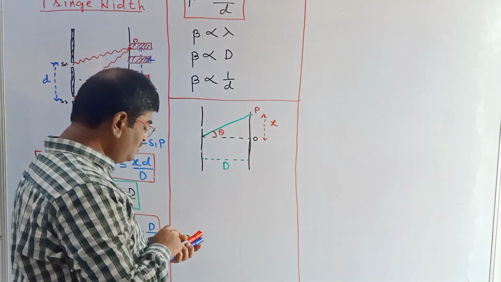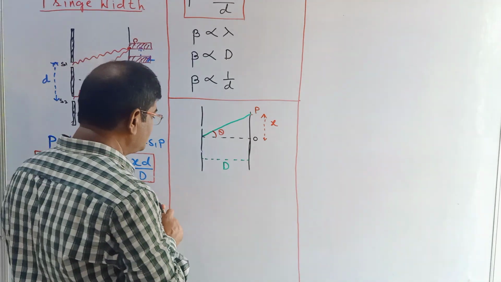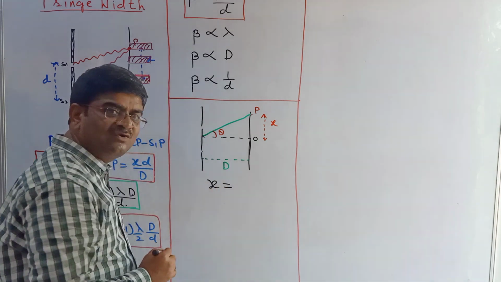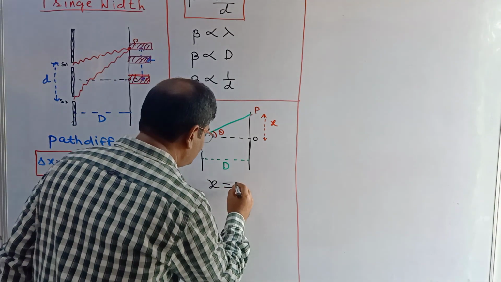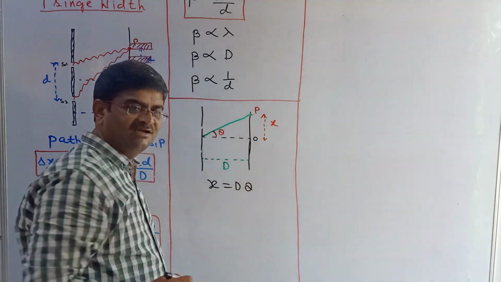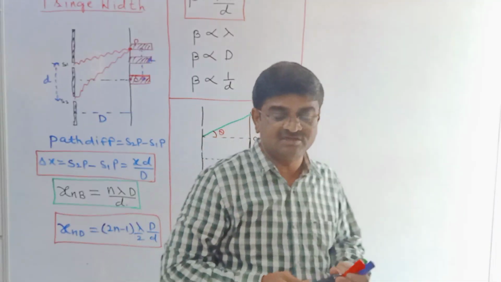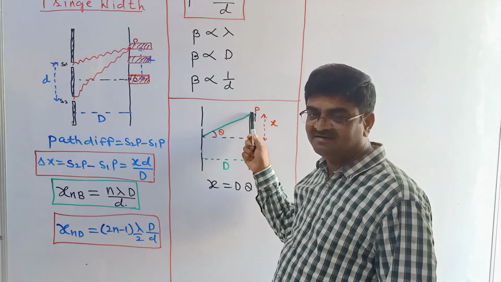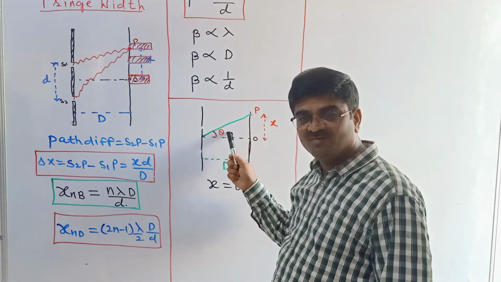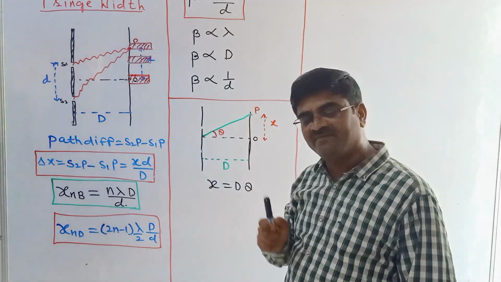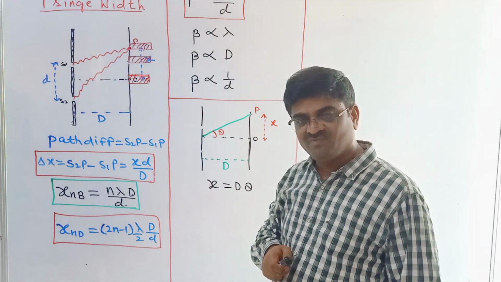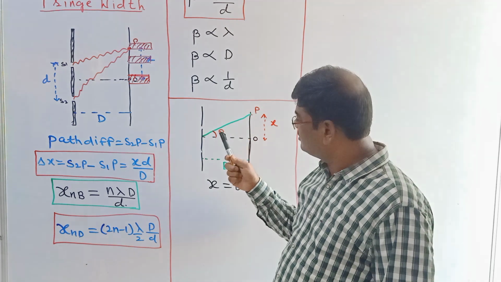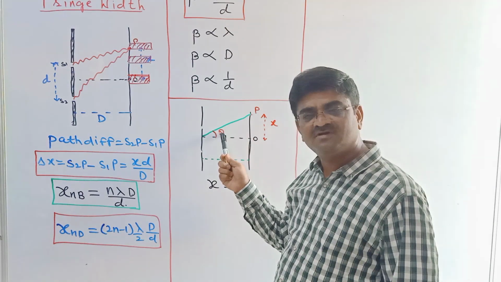So if you relate that, what you get is x equal to l equal to r theta, D into theta I can write. And now with this basic, say at P I have got the nth bright band, that theta will give me the angular position of the nth bright band. If at P I have got the nth dark band, that theta will give me the position of the nth dark band.